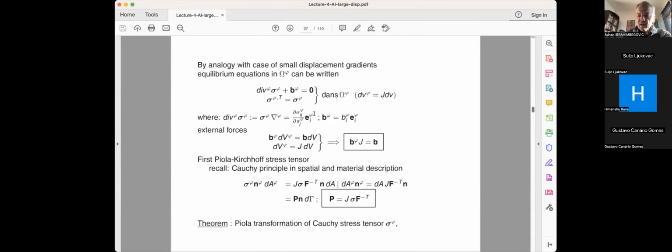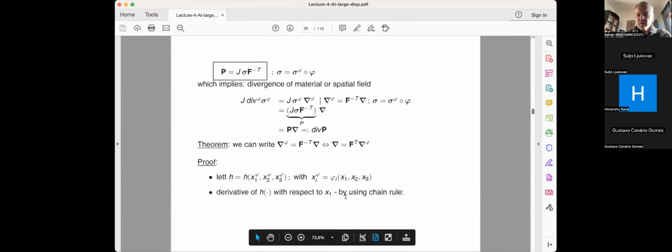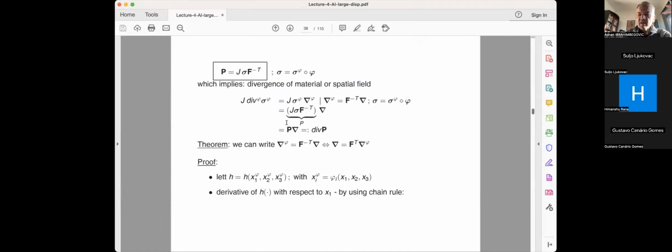So again, like in the Cauchy principle, I define my first Piola-Kirchhoff stress to be the replacement of the true Cauchy stress in the equilibrium equation that I write in the initial configuration. The key point is a little bit heavy here, but not so complicated in any case: I have this result that nabla phi is equal to F minus transpose nabla. That means nabla is equal to F transpose nabla phi.